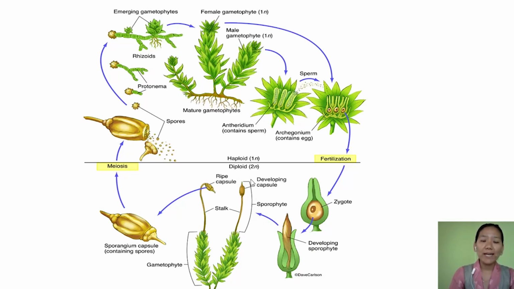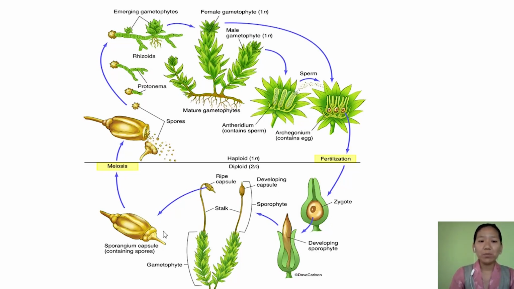The sporophyte is dependent on the gametophyte. Gametophytes are green in color. They can do photosynthesis, they are autotrophic and independent. But the sporophyte is dependent on the gametophyte. These sporophytes are non-green structures, with body parts like capsule, seta and foot.